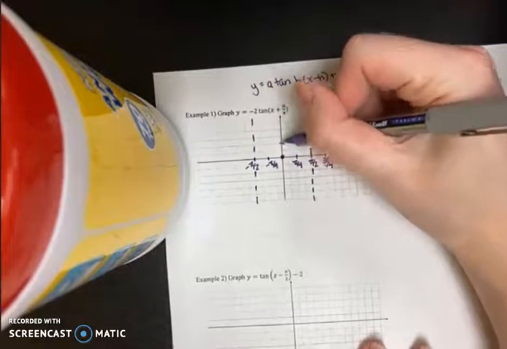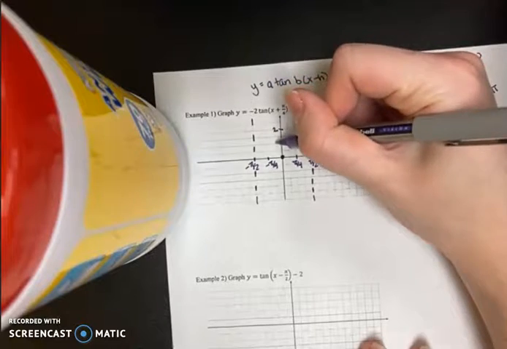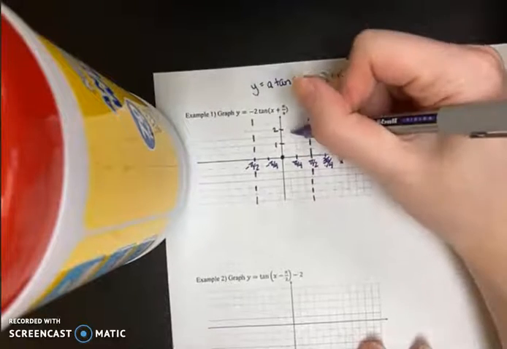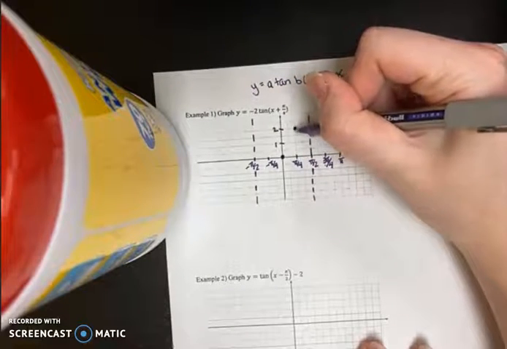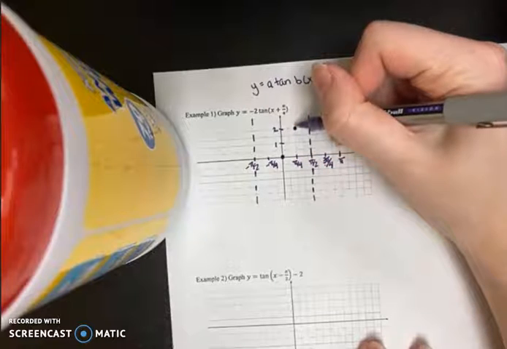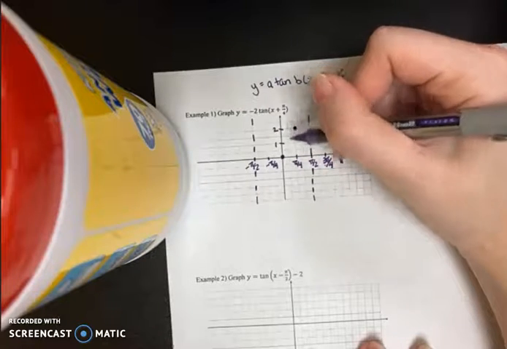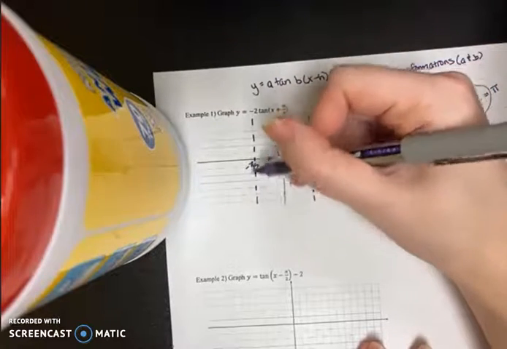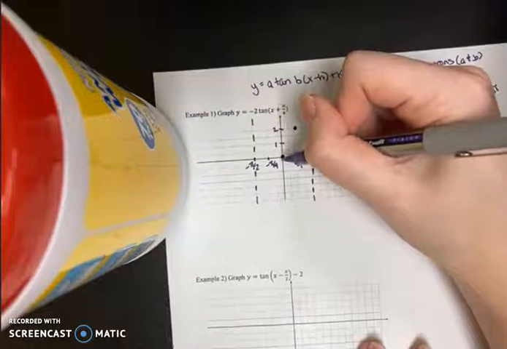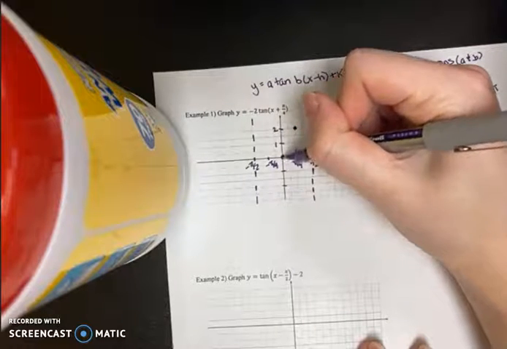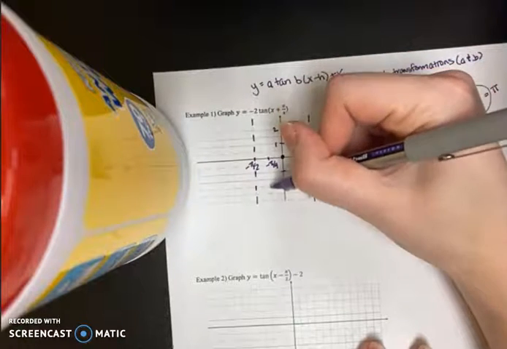So I'm just going to use a scale of 1/2 just to be consistent. That's what I normally like to do. So I would move right 1, up 2, and then on the left-hand side, I'm going to move down whatever a was. So I'm going to move left 1, down 2.